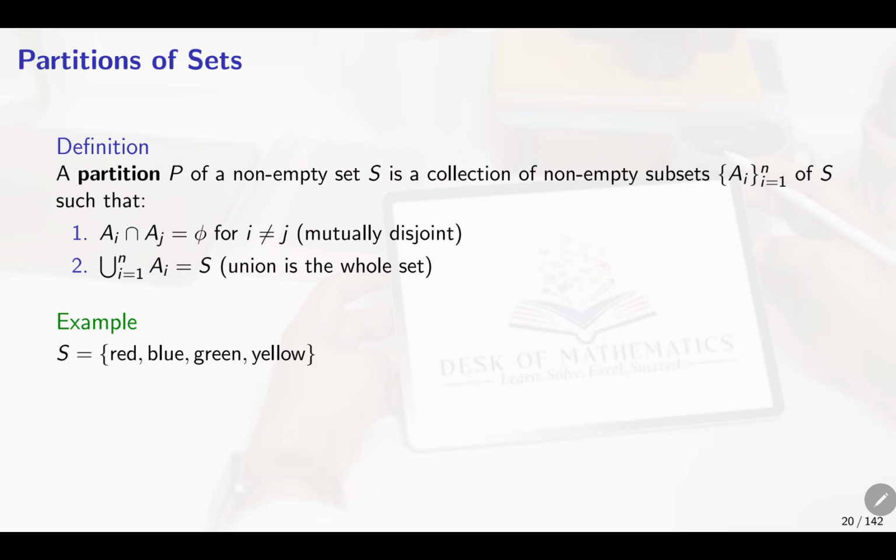What does it mean? For example, in S you have the colors red, blue, green and yellow. Now you make another set which is the set of subsets of S, let's say the partition.